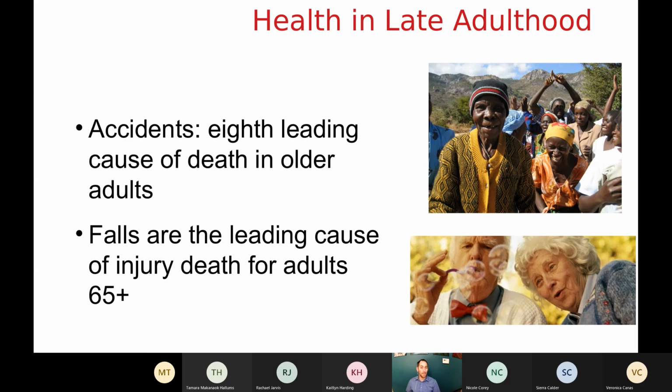Actually, what commonly happens because of the loss of bone structure is that oftentimes people's hips break just spontaneously because there's too much pressure on them. They twist a little too fast, they put too much pressure on it as they're coming down the stairs, and their hip breaks, and then they fall because their hip is broken. They don't have that structural support of their skeleton to hold them up.